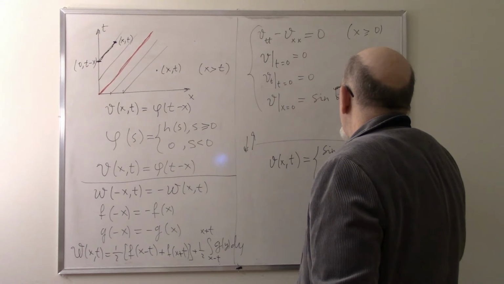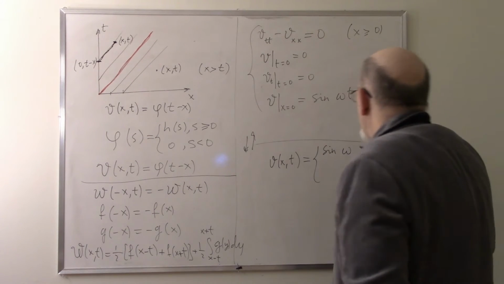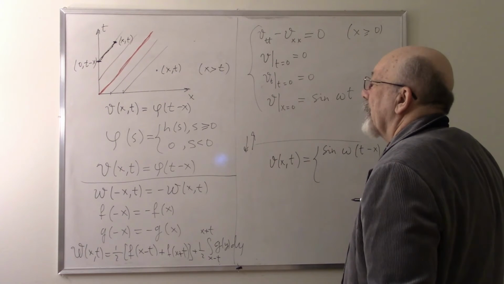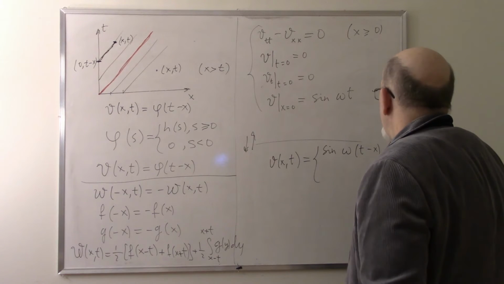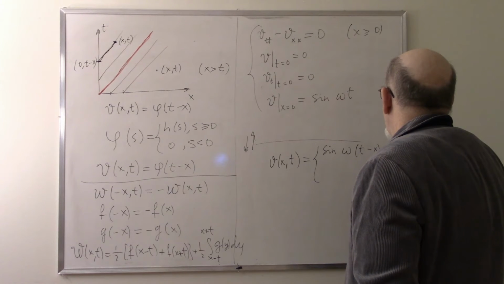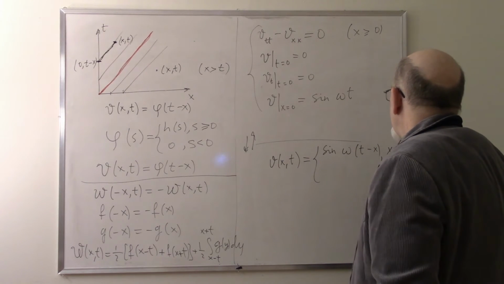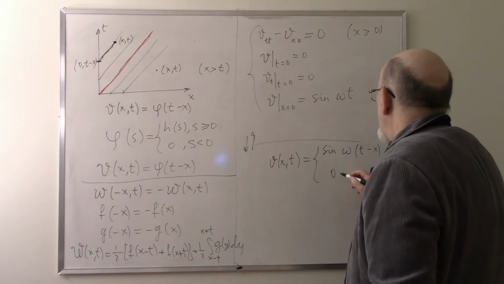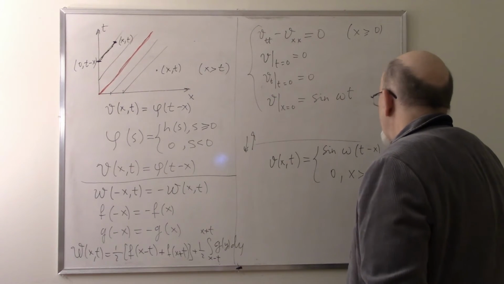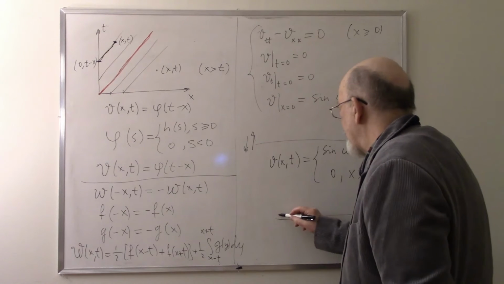sine omega (t minus x) for x less or equal than t, yes, and 0 for x more than t. So it looks like this.